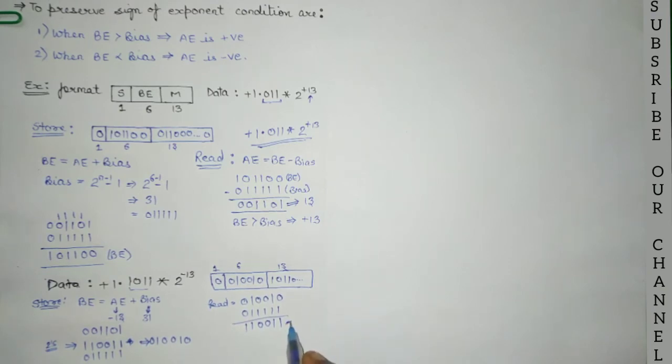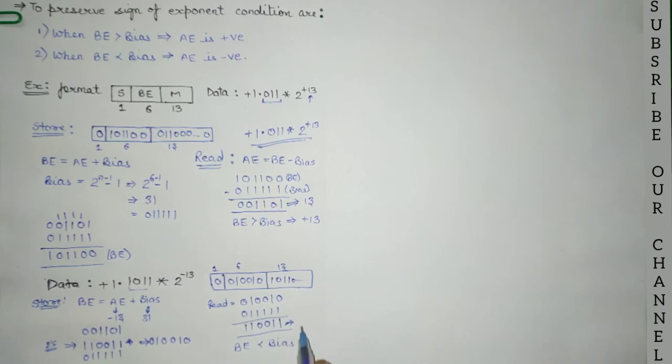Now if you have to convert it into decimal, first of all we will check the sign of the actual exponent, so that we understand whether to complement the data or not. Here you can clearly see that this is the biased exponent and this is the bias. The biased exponent is clearly less than the bias.